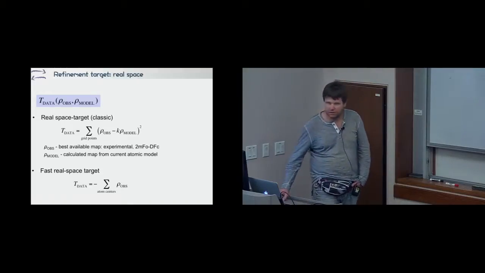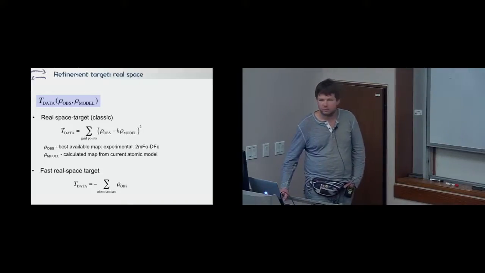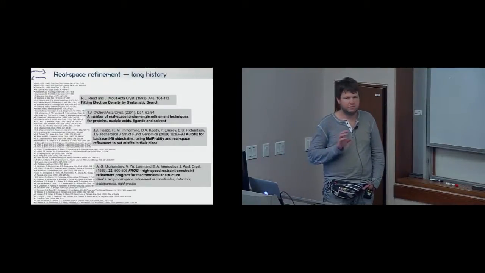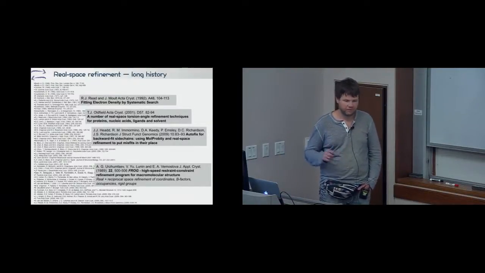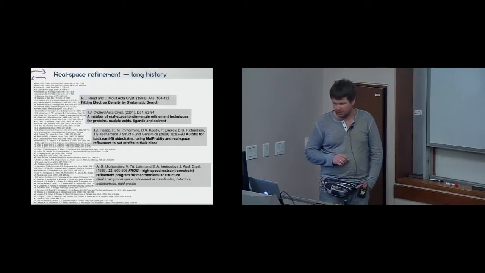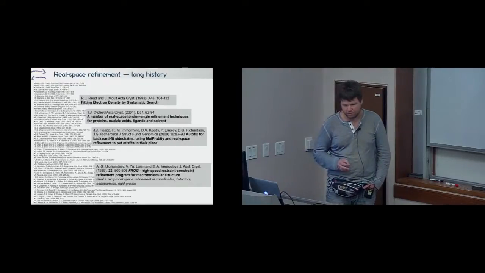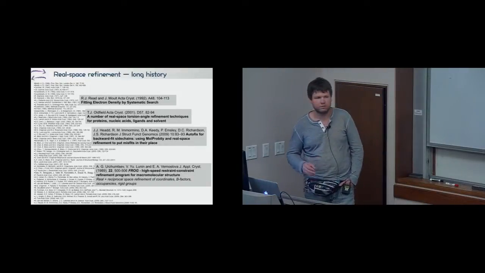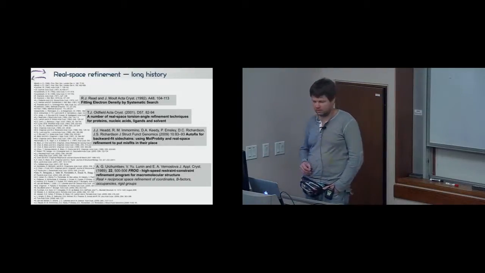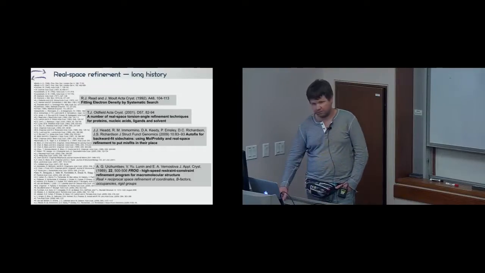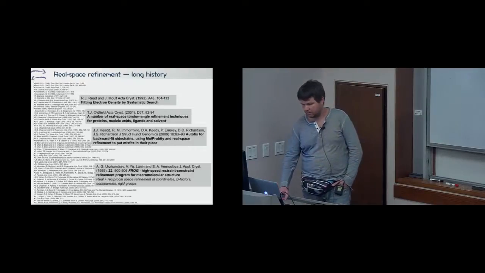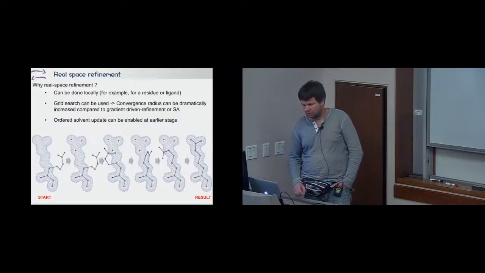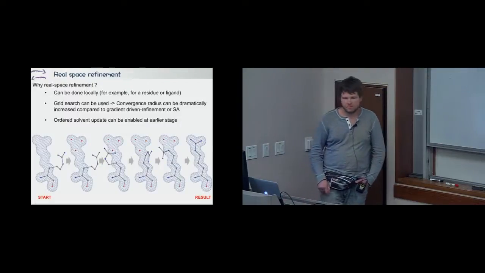Traditionally, real space refinement has a long history, but is actually underused in general in refinement packages. And it's good that it's catching up and becoming more and more a routine part of structure refinement tools. In particular in Phenix.refine, we extensively use real space refinement tools.